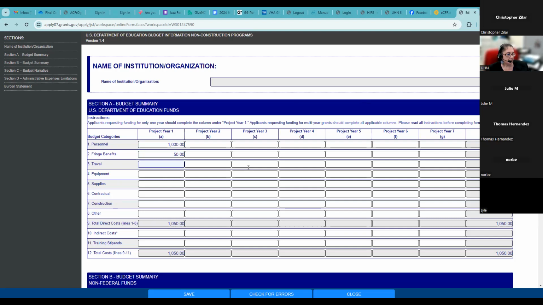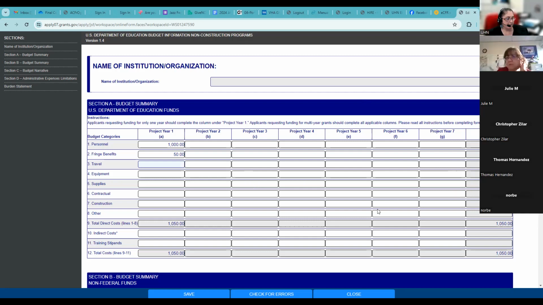Christopher, you have your hand up? Yes, I was taught that equipment is not a $5,000 per item, but a $5,000 expense that you're expecting to spend. So if you plan, for example, to buy enough office equipment or computer equipment that's going to go over $5,000, I was taught to put that in the equipment category, even though an individual desk or an individual computer might not cost that much.